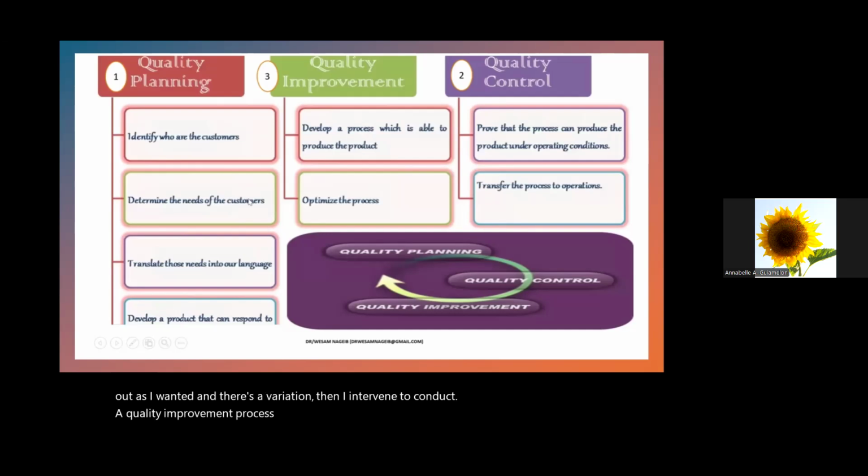Here, I will optimize. In this case, we perform the intensive analysis, meaning I conduct a root analysis to understand the reasons that led to this process deviation and why the product did not meet the specifications. Okay, so this is the Juran trilogy, starting with quality planning, quality control, and improvement.